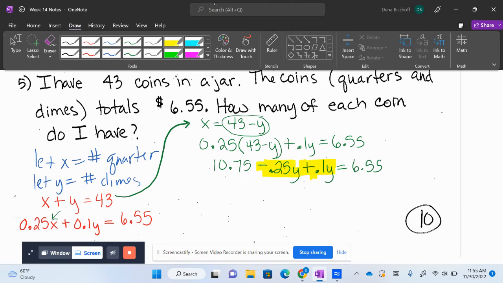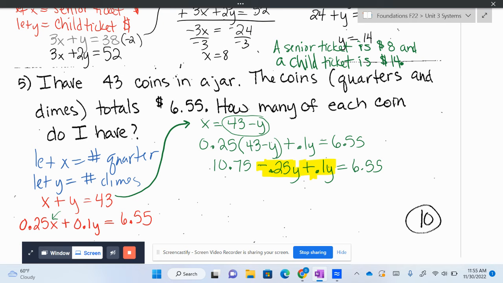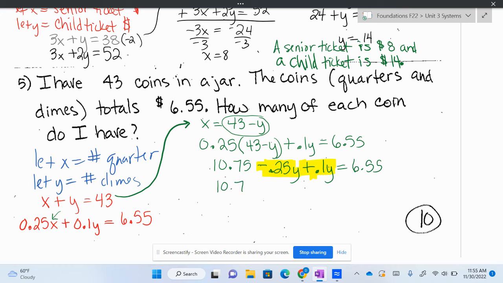I can combine those. Gavin, since you hate decimals because they're so tough, I want you to take in your calculator negative 0.25 plus 0.1. Yeah, negative 0.15y equals 6.55.